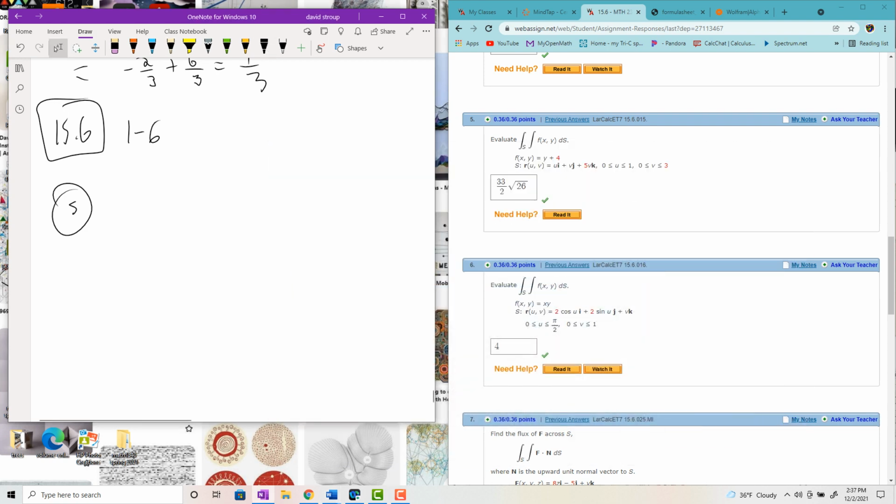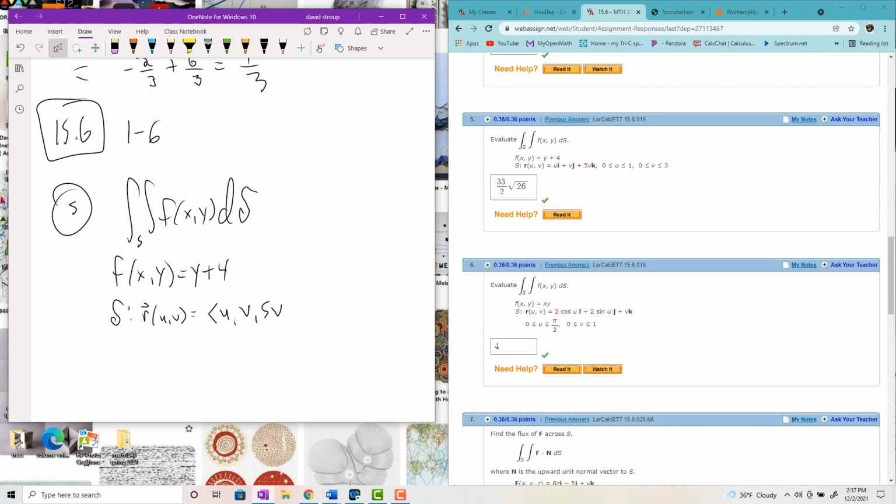So we want to do the surface integral of f of xy over this surface S. Our function then is y plus 4, and our surface, r of u comma v, is (u, v, 5v), and our range of values is u from 0 to 1 and v from 0 to 3.